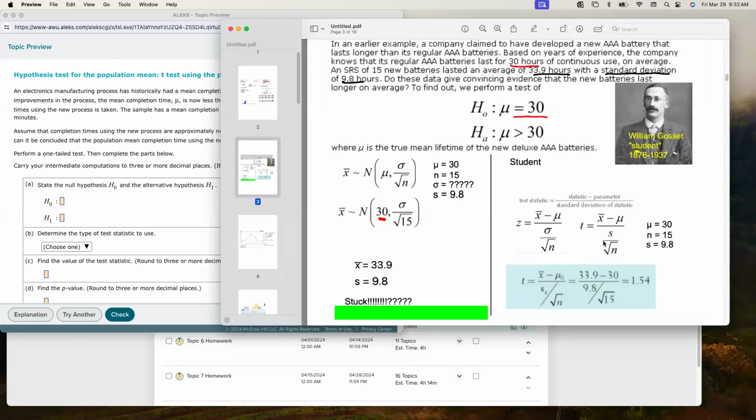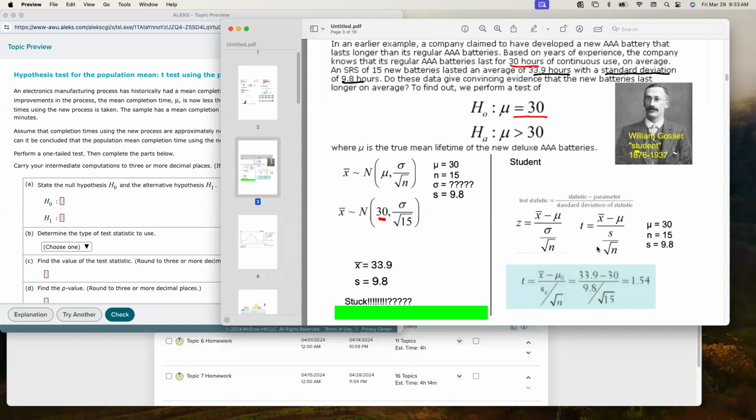We could, but the problem is that S is going to change from sample to sample, right? One sample we might get 9.8 hours. Another one, we saw in that simulation I showed you last time, the next sample mean might be 35 hours, and the sample standard deviation might be something like 10 or 8. That's going to be different. So now we've got this varying as well.